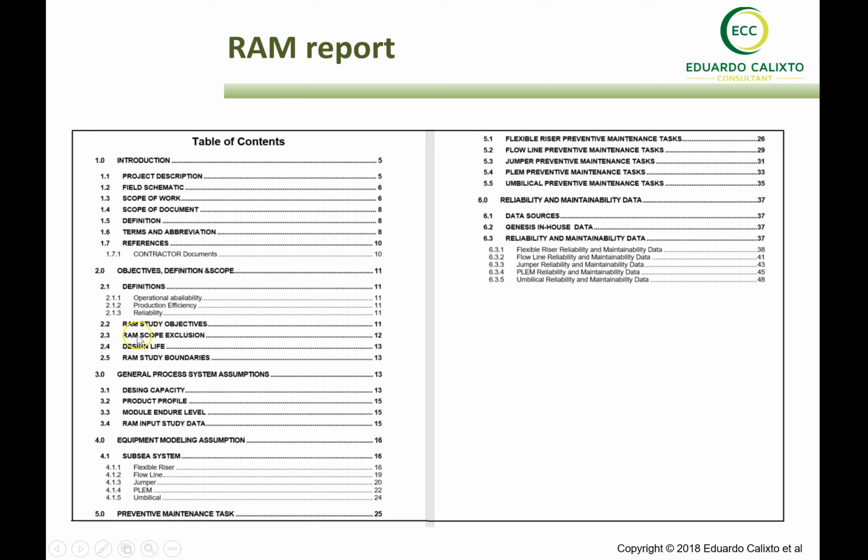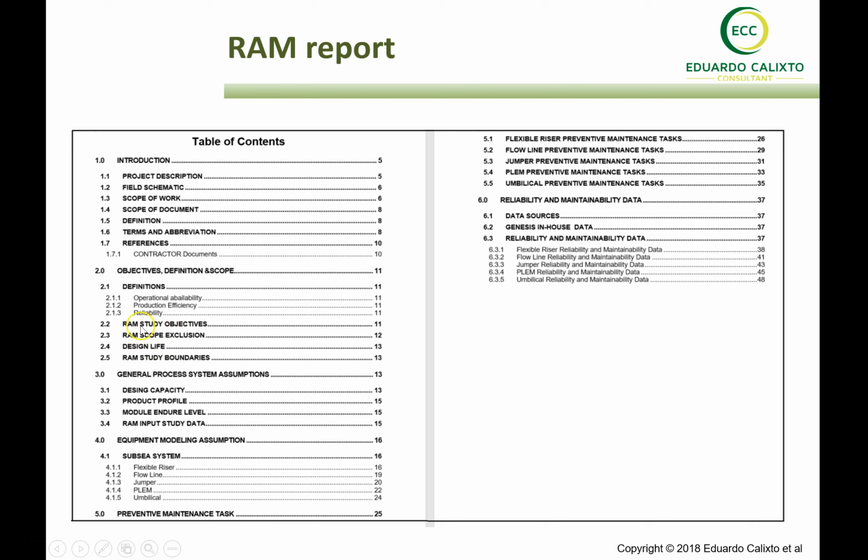So the RAM study objective is very important as well. For example, sometimes the objective is not just to carry out a sensitivity analysis, or they don't care about the impact of other plants or utilities on your process system. That needs to be clear in the scope, because someone may be interested in it and ask during your presentation, or question your report.